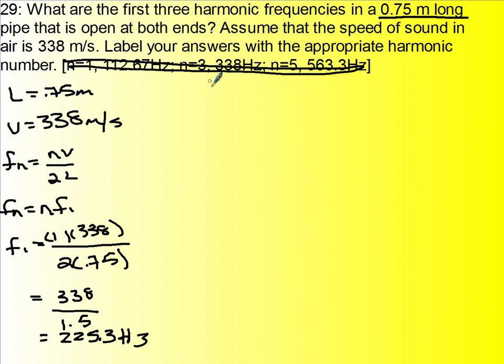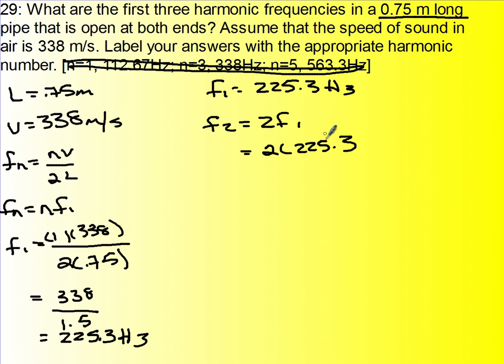All right, so if F1 is 225.3 hertz, F2 is 2 times F1, so it's 2 times 225.3. All right, so that's 450.7 hertz.